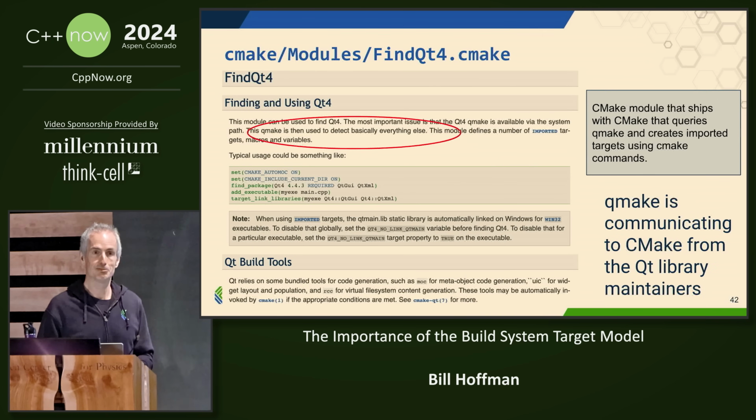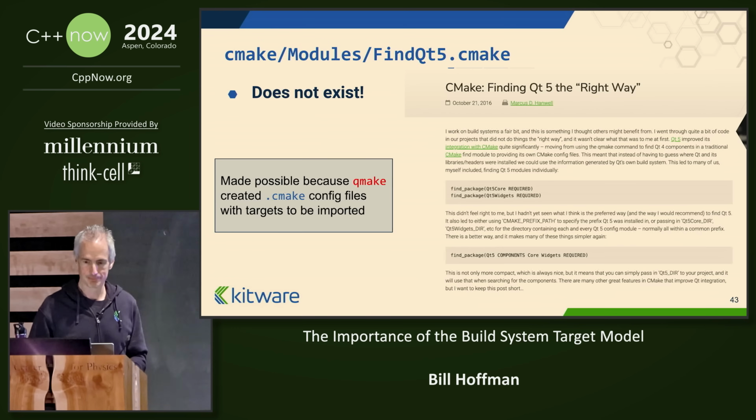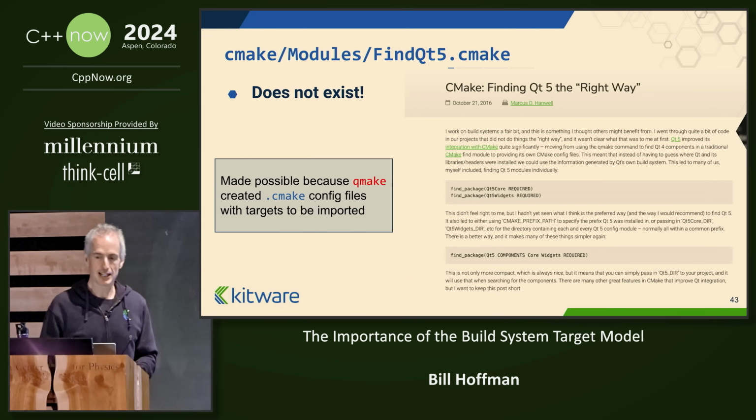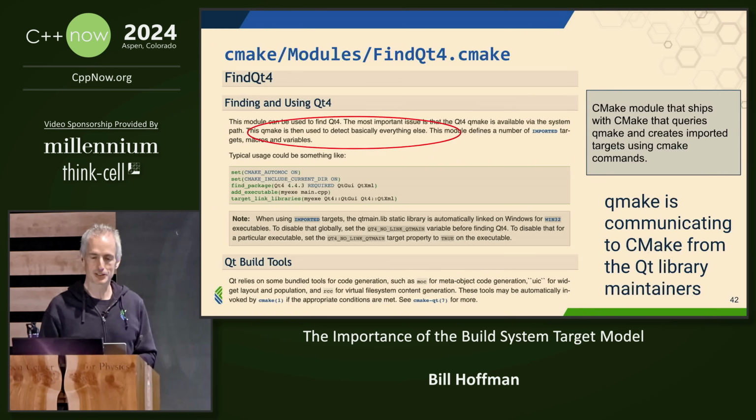I can just reuse what qmake's doing. And find Qt5 obviously doesn't exist. And this is made possible because Qt created .cmake files. So in this previous version, CMake was creating the imported targets from the output of qmake.